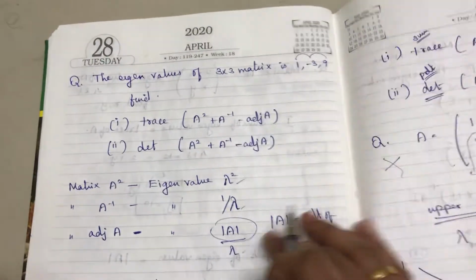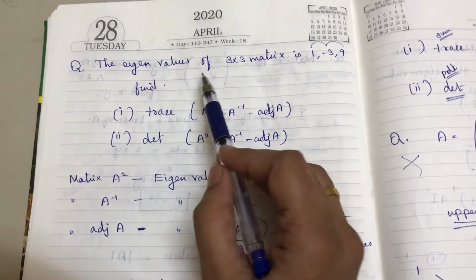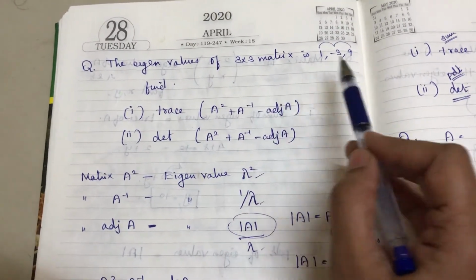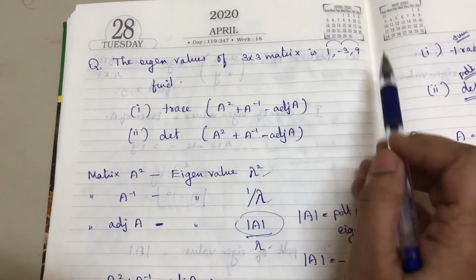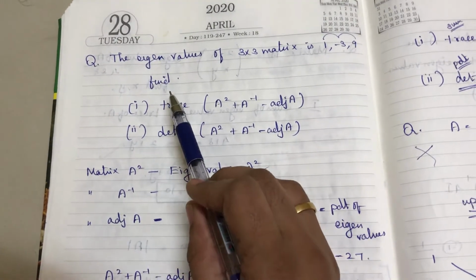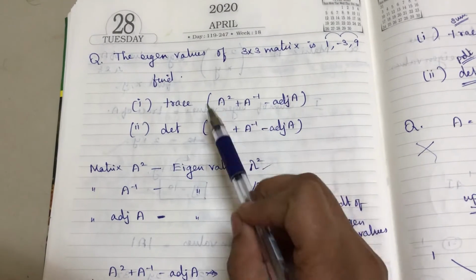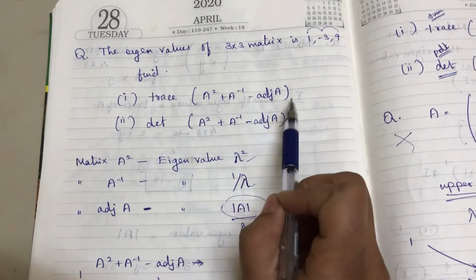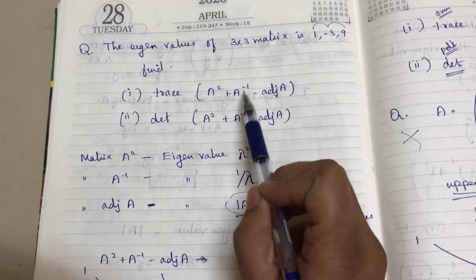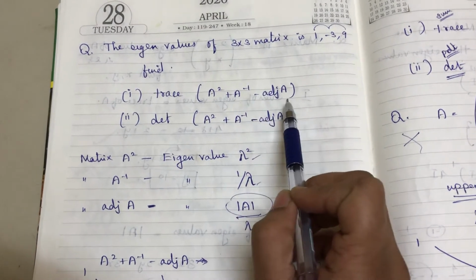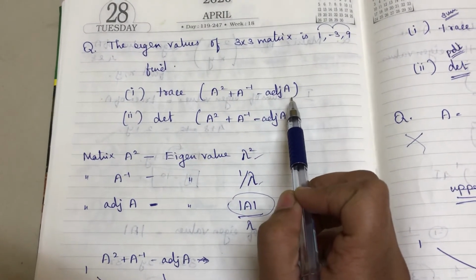Let's move on to the next question. For a 3 by 3 matrix, they have given 3 eigenvalues. Find the trace of the expression they have given, A square plus A inverse minus Aj. How to find these things?